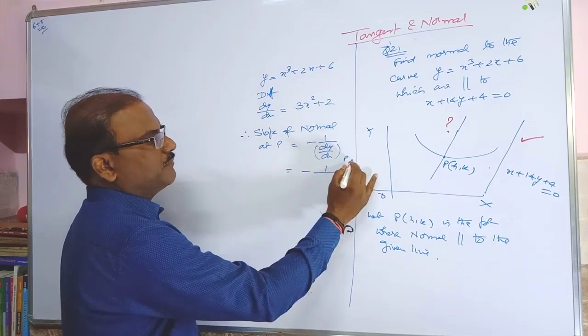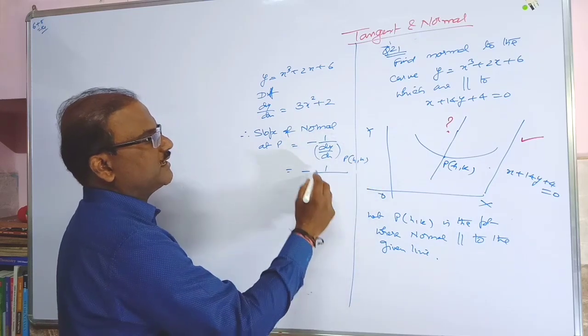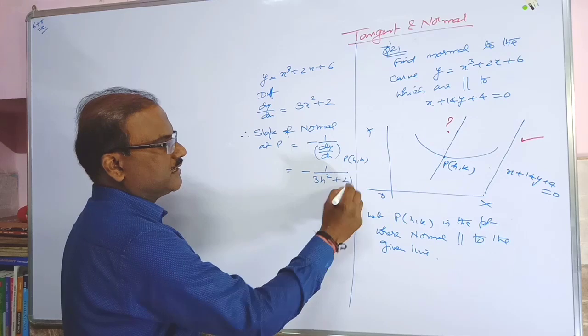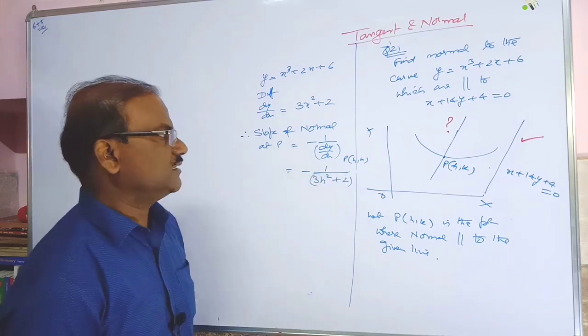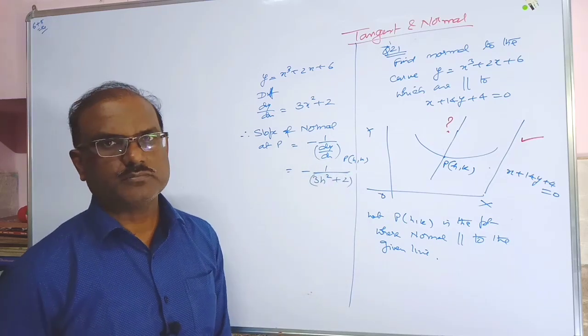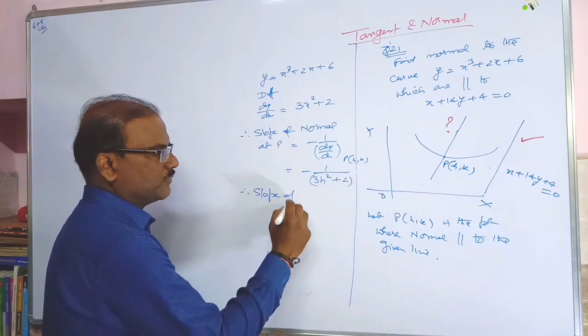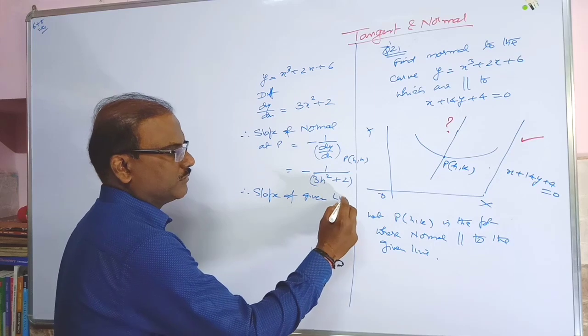P का तो h और k कोऑर्डिनेट है, dy/dx this is there, so put h² in place of x. This is the slope of normal. What is the slope of the given line? Slope of given line, ठीक है.